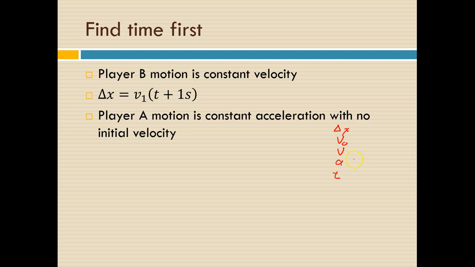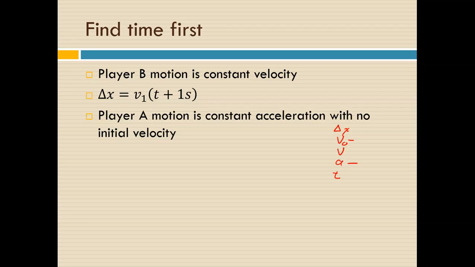What do we know for player A? We are given the acceleration. What else are we given? The initial velocity. We do not know delta x, we do not know the final velocity, and we do not know the time. That means I have to look someplace else to find one of those variables, or maybe 2 of them.